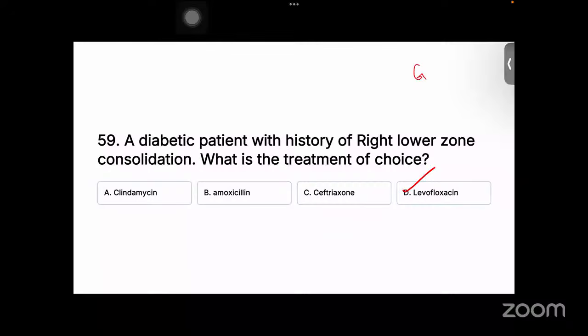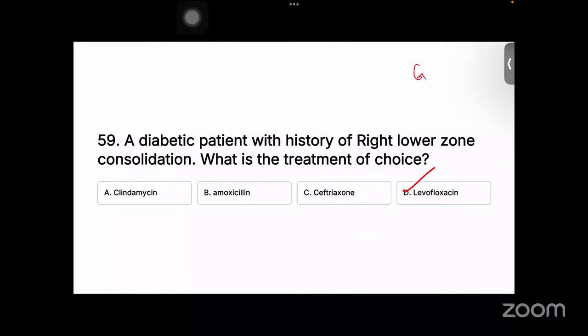Because they didn't give the organism, and they are asking for the treatment of choice in a diabetic patient. In diabetes with community acquired pneumonia, a respiratory fluoroquinolone like levofloxacin has excellent activity against both typical organisms and atypical organisms like mycoplasma, legionella, chlamydia, H. influenzae, and strep pneumoniae. Levofloxacin gives single agent coverage.